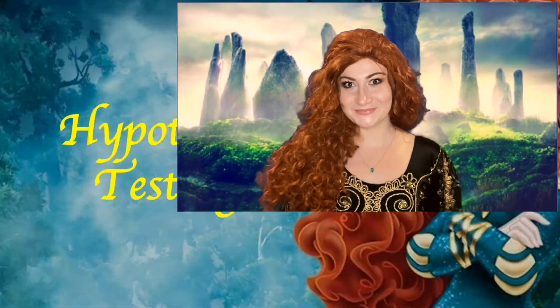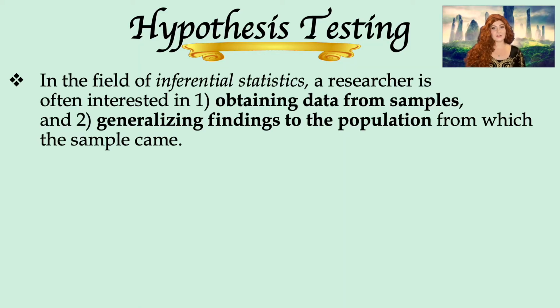Let's get started. So in the field of inferential statistics, a researcher is often interested in 2 things. The first thing is obtaining data from samples, because we know that we can't test entire populations, and 2, to generalize those findings to the populations from which that sample came.